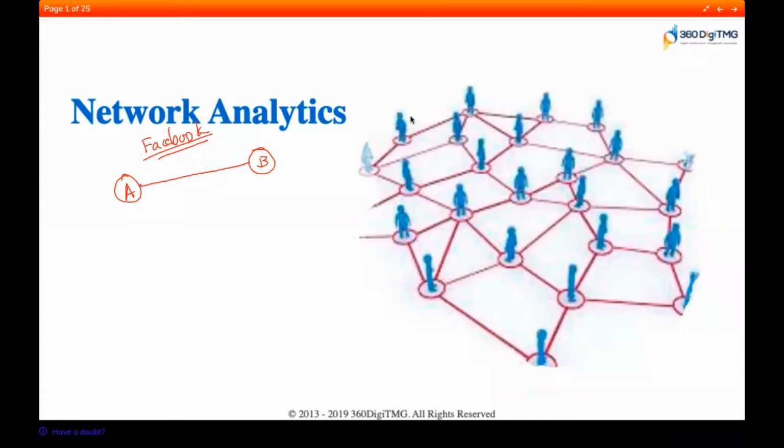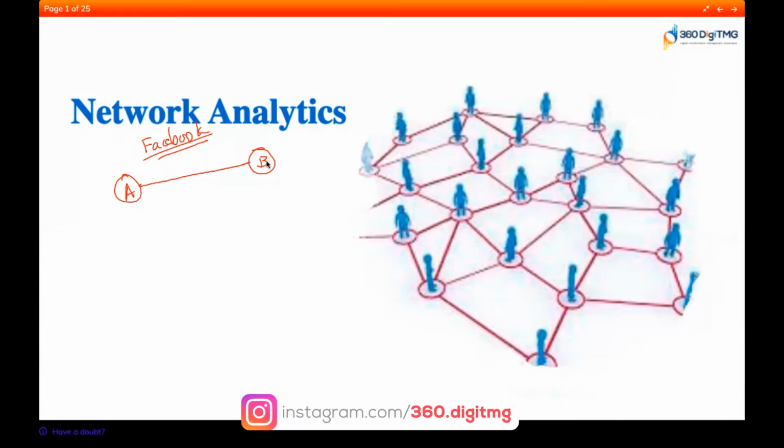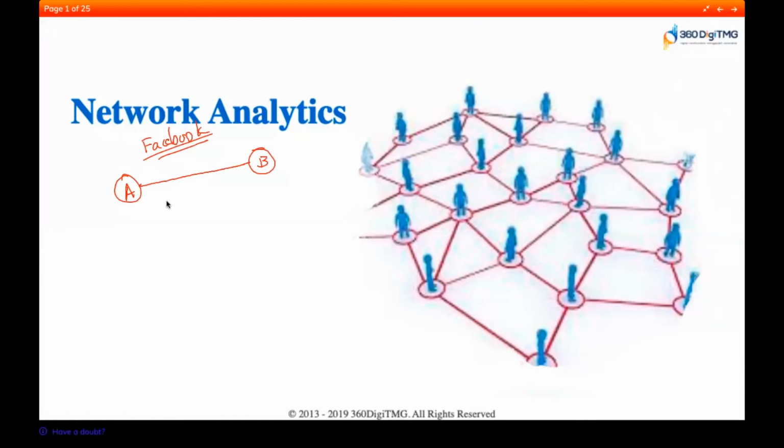When do you possibly draw a relationship between two entities in Facebook? So if both A and B know each other, will they be friends on Facebook? Or take any other social media network, Twitter or Instagram. What is the process to identify a relationship between A and B here?